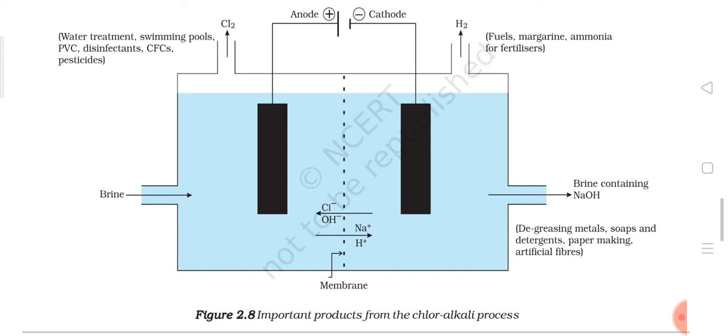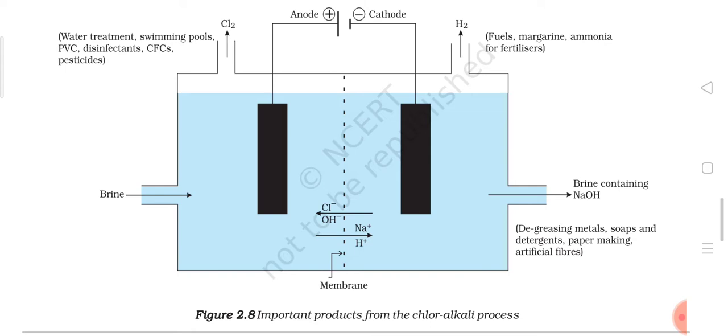That means in this process NaOH is continuously getting formed, and this NaOH is also continuously collected. So they are filling brine in this electrolytic tank from one side, the side of the anode, and from the side of the cathode NaOH is getting collected.